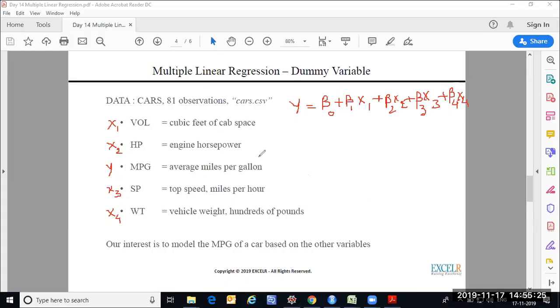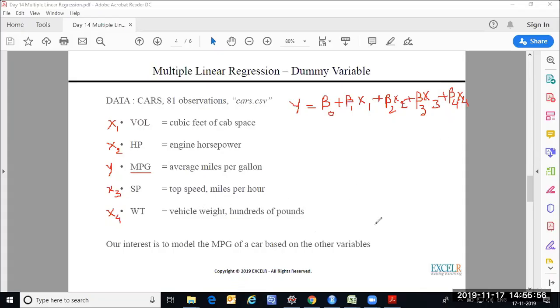So now, if you replace what is y, what is x1, x2, and so on in this equation, then effectively your equation becomes MPG is equal to beta naught plus beta 1 volume plus beta 2 HP plus beta 3 speed and beta 4 weight.